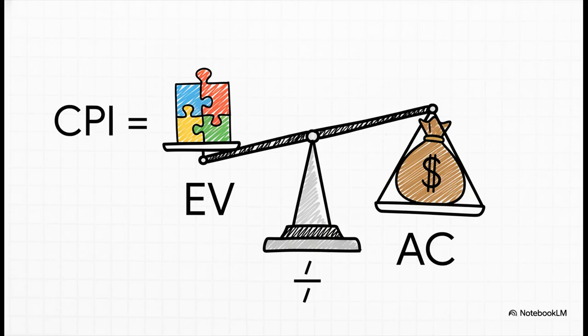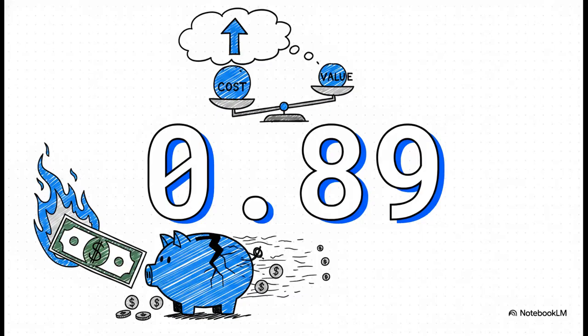This gives us a really clear ratio of the value we're getting for every dollar we spend. And we get 0.89. Now, for any performance index, the magic number is 1. A 1 means you're perfectly on track. Anything less than 1 is trouble. A CPI of 0.89 means we're only getting 89 cents of value for every dollar we're putting in. Ouch. That's not efficient at all.